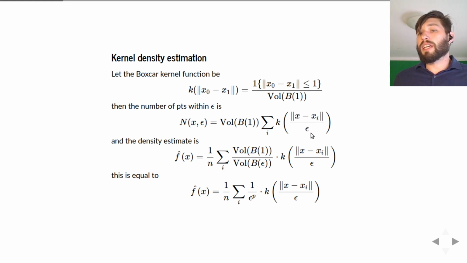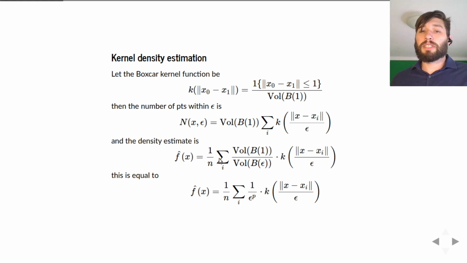xi divided by epsilon. So this is just going to evaluate to 1 when these two points are within epsilon of one another. That's what this inner part does, and then because we sum over i of these, we're going to get all of the total number of points that are within epsilon of x.